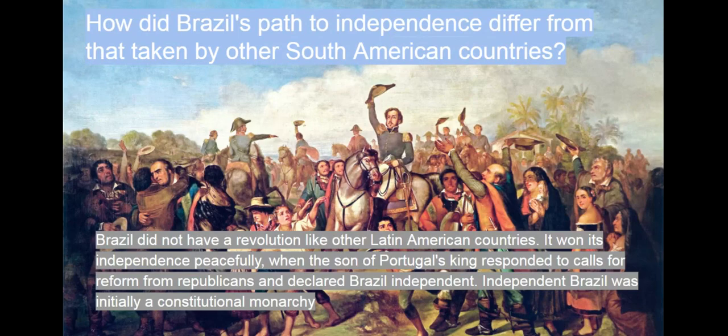So once Brazil gained its independence, it initially started off with a constitutional monarchy. So the king's son listened to the requests of the people and followed through with it, which is pretty cool.